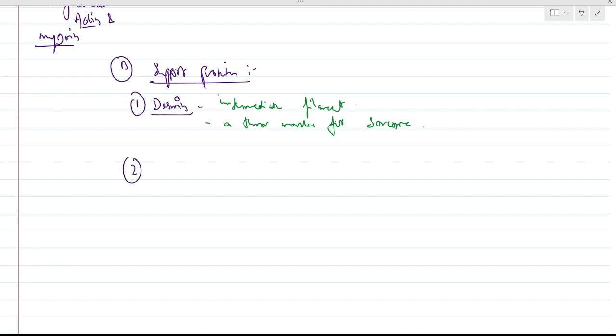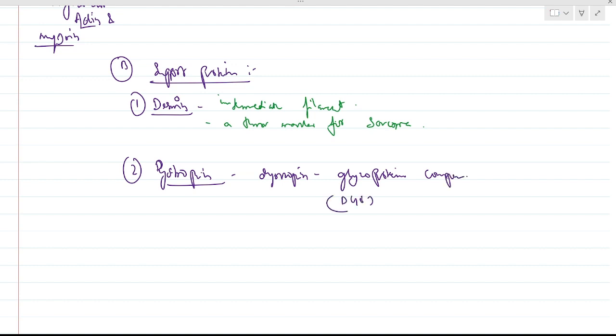Second support protein is dystrophin. Okay, this dystrophin forms the dystrophin glycoprotein complex, DGC.